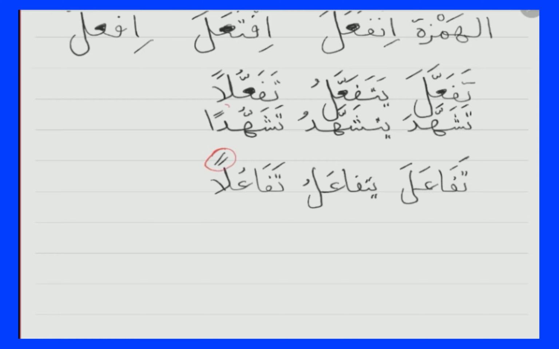Here, my tanweens are on my dal. They're not on the alif. On the one below, they're on the lam, not on the alif. Even this one here, the intent is that it's on the lam, not on the alif. Because the tanween goes on the letter, it doesn't go on the alif.